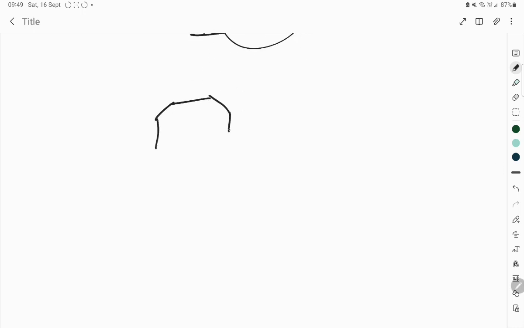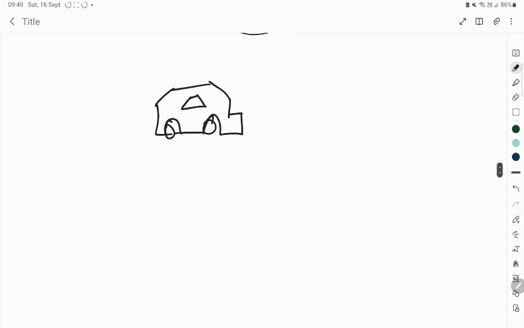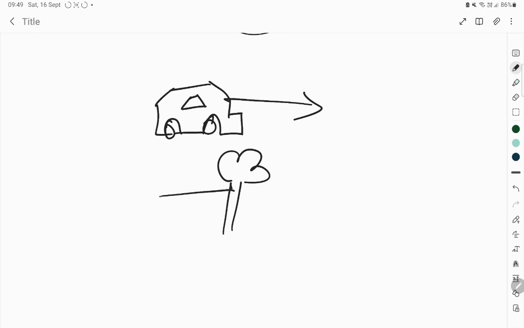Now you're in a car, and when you're inside of the car, you see that the objects around you are moving. If you move in this direction, the tree, which was once stationary, is now moving in the opposite direction, and you are at rest.